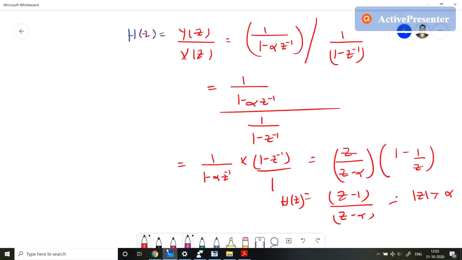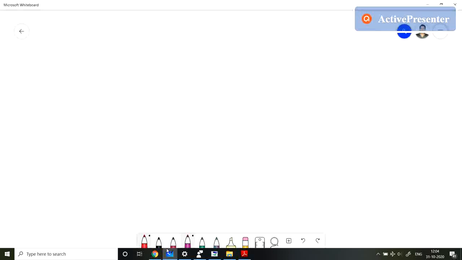Now because this is the Z transform of h[n], the ROC is exterior to that circle, so we are taking this ROC modulus of z greater than alpha. Now we are going to find H(z) by z. So what is H(z) by z?